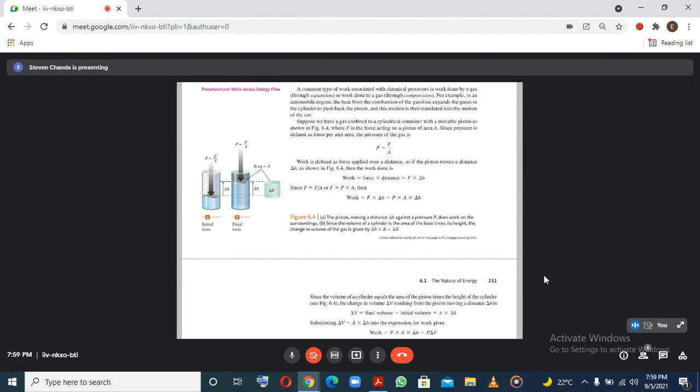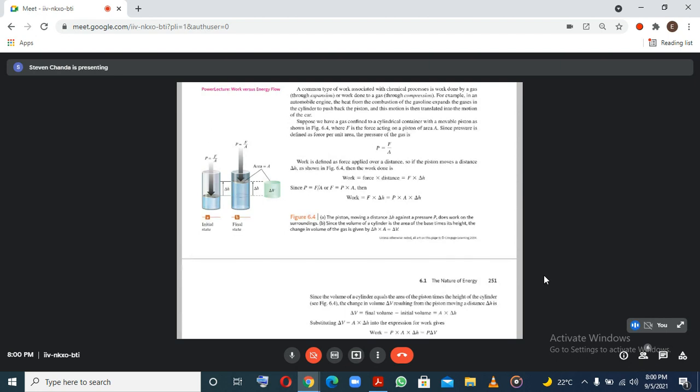So work is being done by a gas. Usually expansion, or an increase in the volume of the gas, is associated with work being done by the gas. That's an important point to take note of. And when work is done on a gas, that's compression.